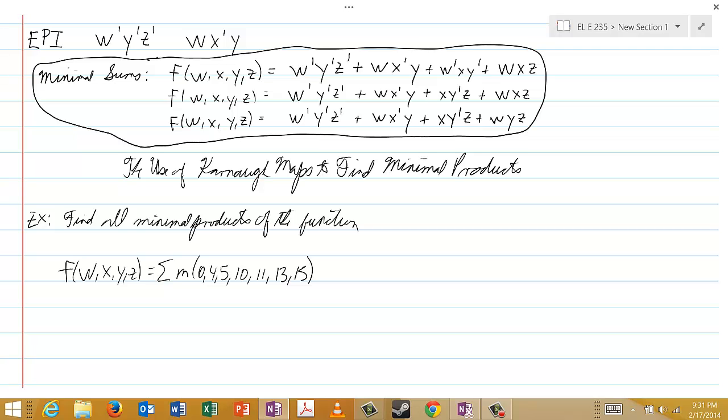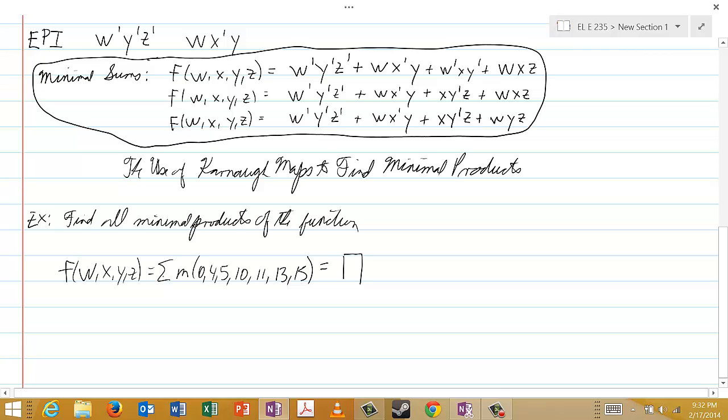Now we know that min terms correspond to 1 cells, and likewise max terms correspond to 0 cells. So when you're looking for minimal products of a function, it's convenient to have the function written in terms of max terms. This is not necessary, but it is convenient. So let's write this function in terms of max terms.